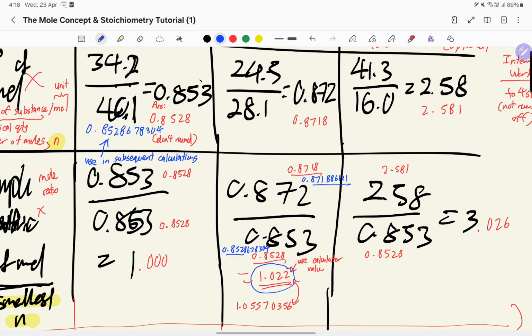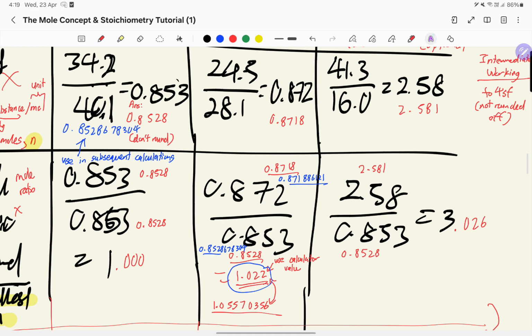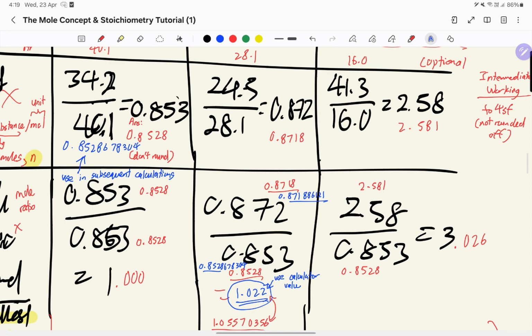If you use the red one, 0.8718 and 0.8528, you will have gotten this value instead. So just take note of that. Maybe I just change this one so that it's much easier for you to see the difference.